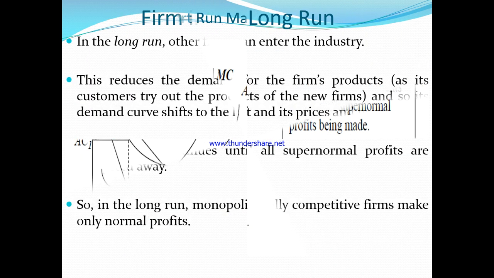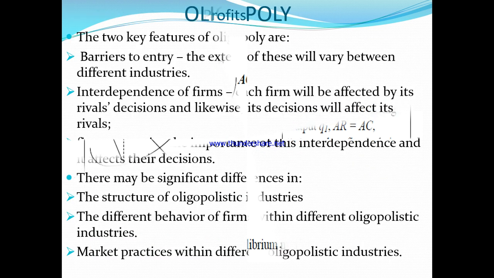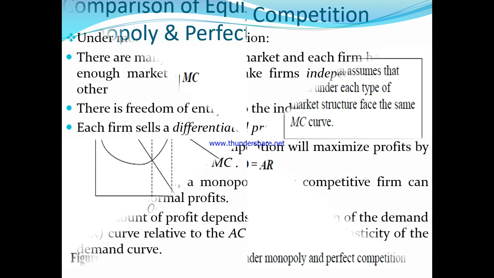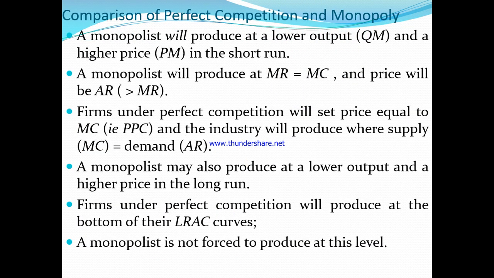In short, what we want to look at is this comparison. These people didn't show the diagram here, but I'll show you the differences graphically. It makes more sense. A monopoly will produce a lower output and sell this low output at a higher price.